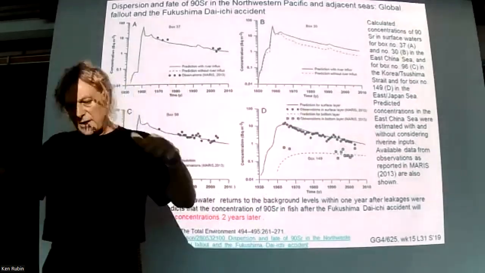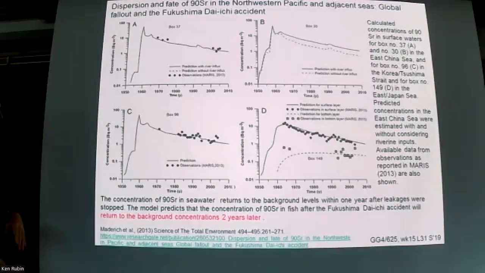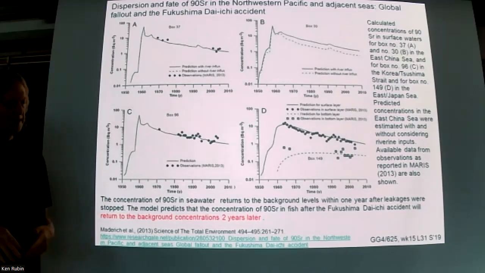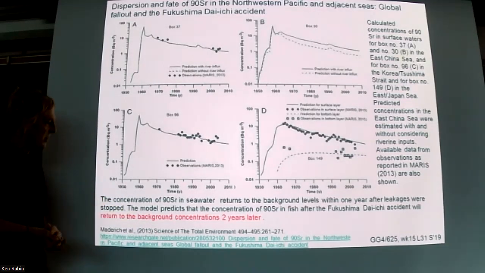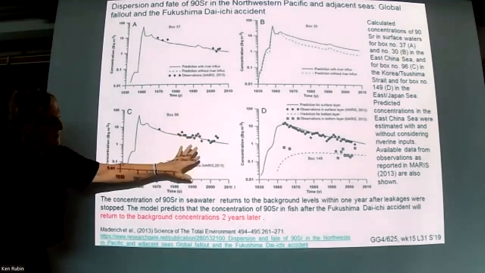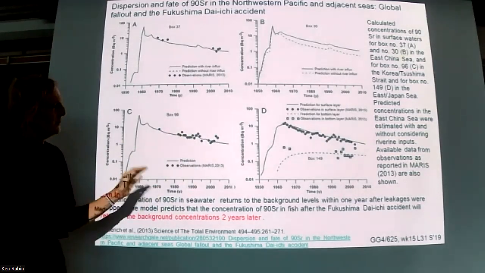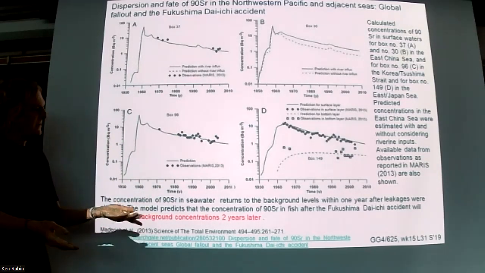And so on this plot, we have shallow water and we have deep water. So some of the strontium gets exported down into the deeper water. And there's a lot of questions about how much strontium was getting into food fish and how much was being incorporated into sea kelp and other plankton living in the water, etc. And so from this particular study, the estimate was that there wasn't as much as maybe people thought there was going to be because of the direct fallout to the ocean.